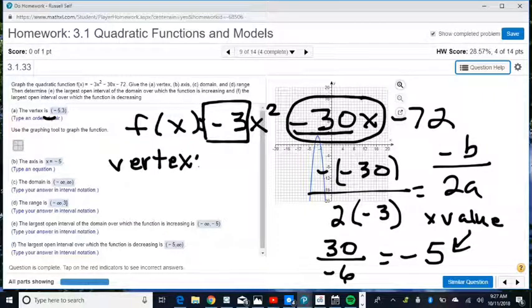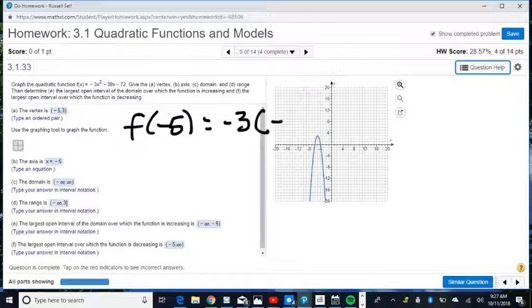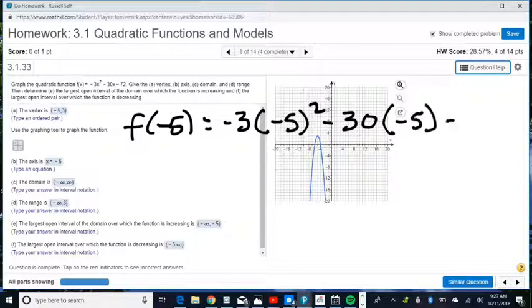Now all I have to do to get the y value is find f of that number. So f of x will give you your y value. So let's plug that one in and see what happens. So it's f of negative 5. So that's negative 3 times negative 5 squared minus 30 times negative 5 minus 72.